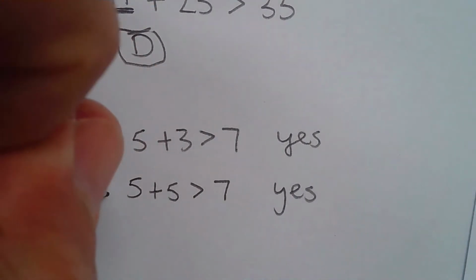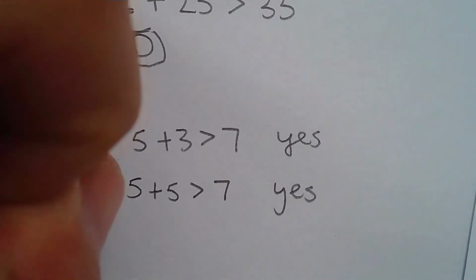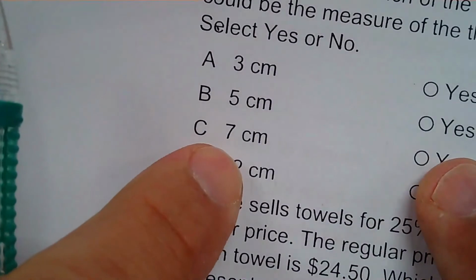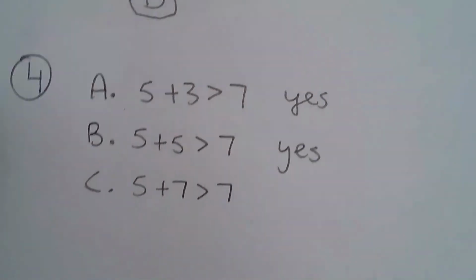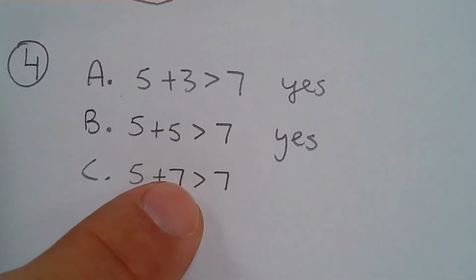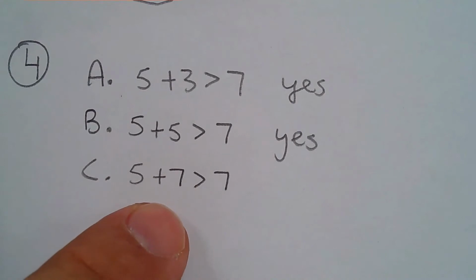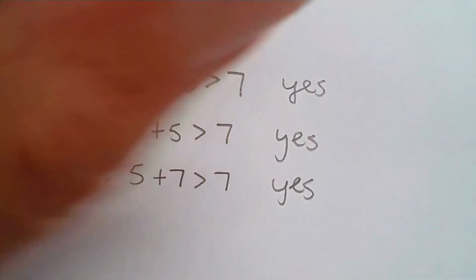And for C, that is 7. So we can take 5 plus 7 is bigger than 7. And I know that 7 is equal to 7, but we just grab one of them. It doesn't matter which one. And that sum is 12, which is bigger than 7. So that would be yes.